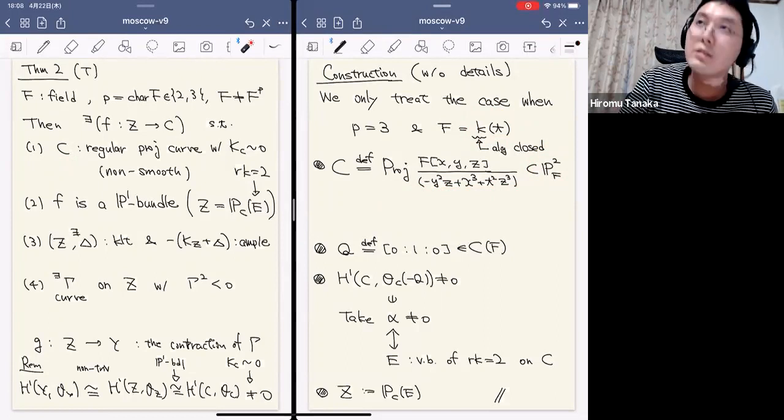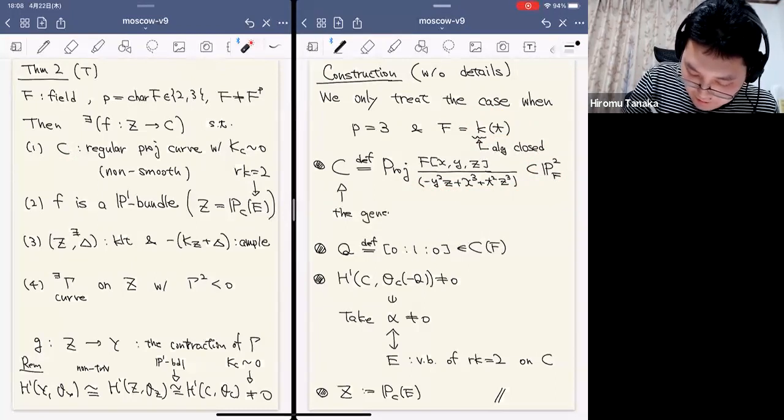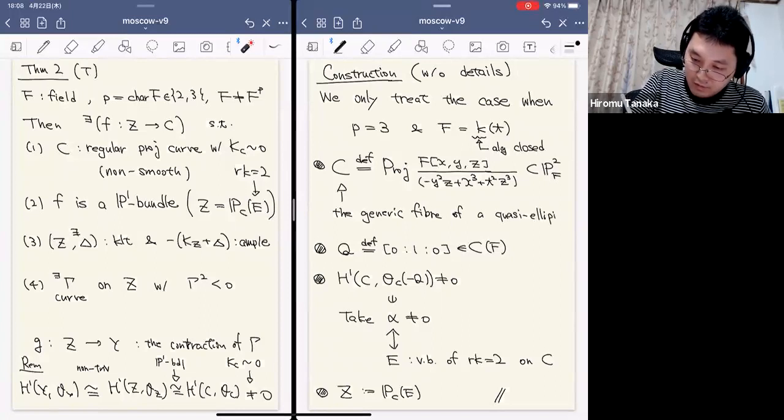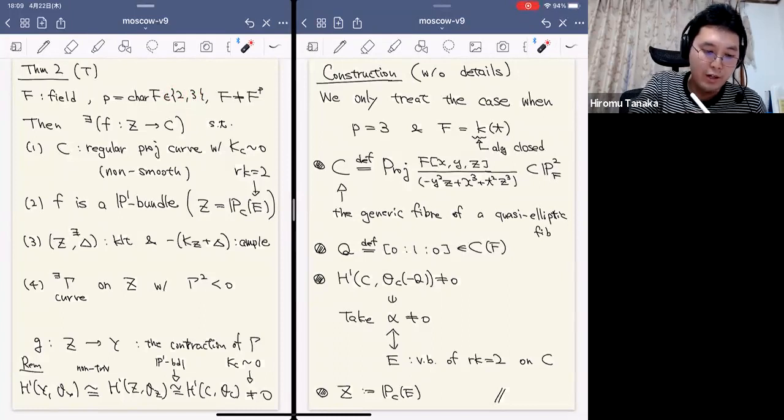And this is the generic fiber of a quasi-elliptic fibration, which only exists in characteristic 2 or 3, which is the reason why I need to assume that the characteristic is 2 or 3.